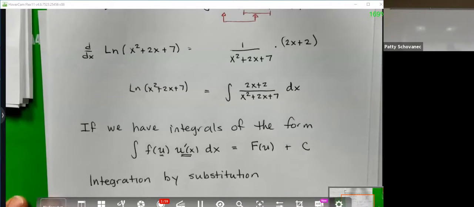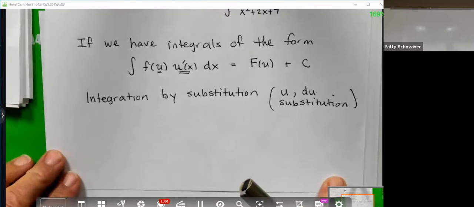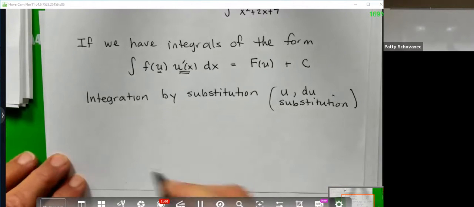I'm going to take the composite part and call it u, and then I've got to see if my outside part corresponds to the differential of u, which is u prime times dx. So sometimes I call it a u du substitution.